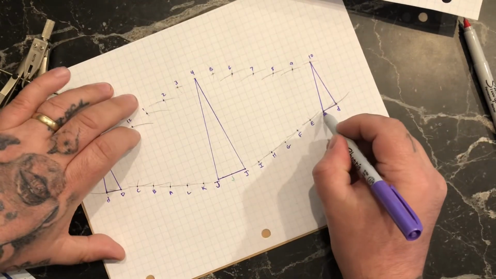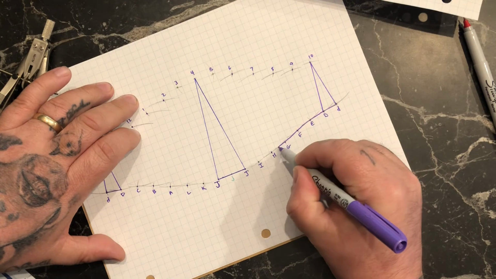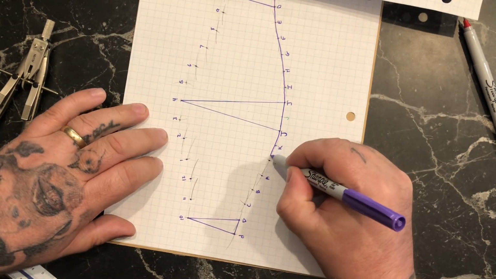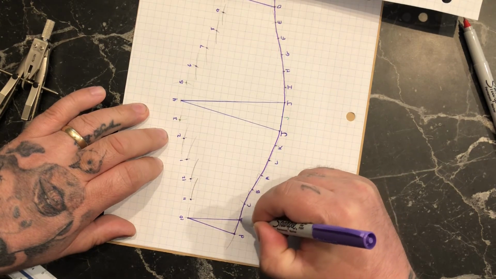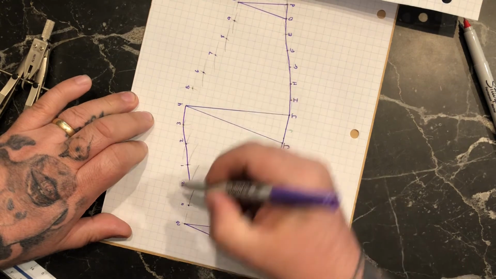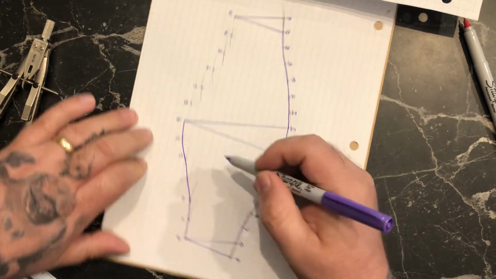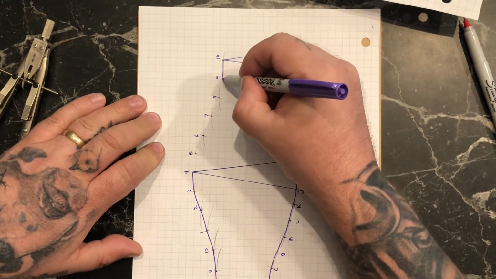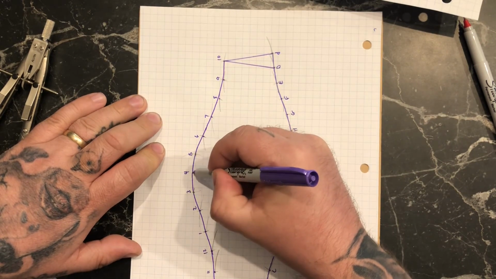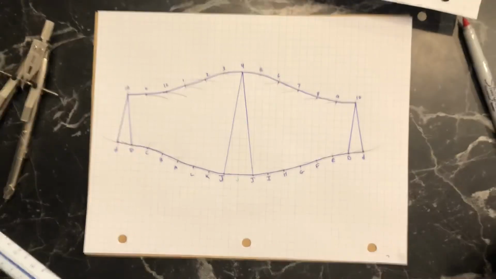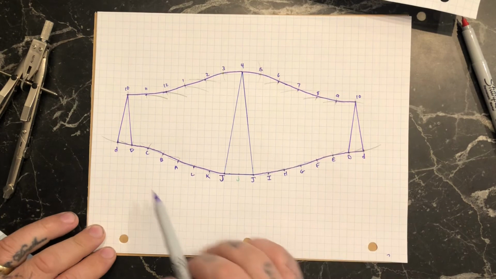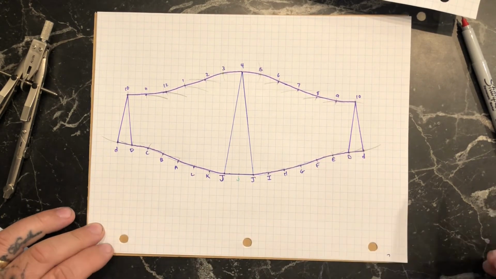Right, and everything else is curved. Oops, my freehand kind of sucks. Anyway, the pattern should look something like that. It starts off with a triangle, so we have a section that is straight there, and half a section straight there, half a section straight there.